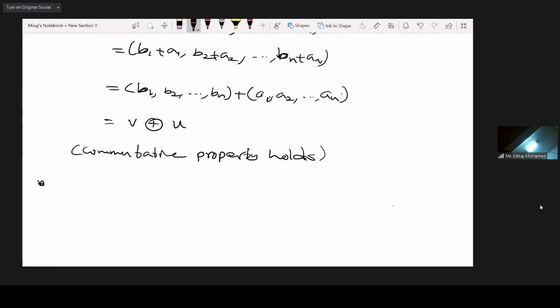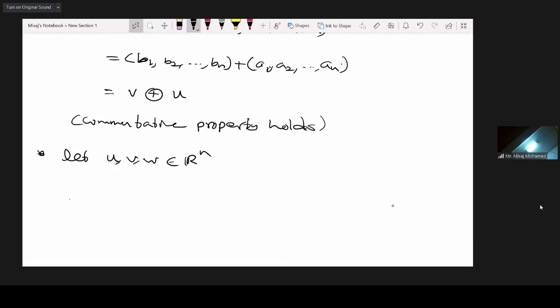Associativity. Let us take U, V, W from Rn. Then U is A1, A2, A3 up to AN, V is B1, B2, B3 up to BN, and for W we take C1, C2, C3 up to CN.